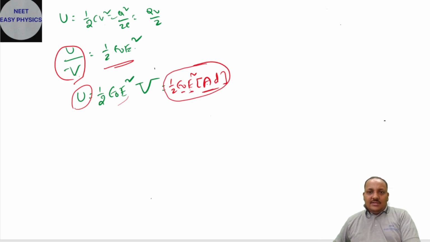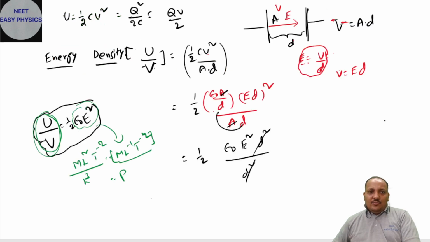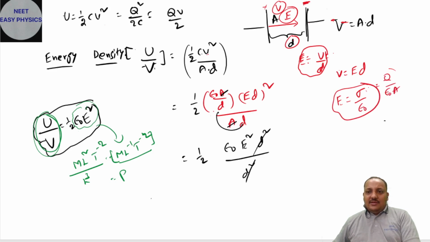This is the electric field between the two plates. Whenever two metal plates are separated with positive and negative charge and voltage is supplied, definitely you are going to get an electric field. What is the equation there? Electric field in between is sigma by epsilon naught. You should not forget this equation. What is sigma there? Q by A, so Q by A epsilon naught.